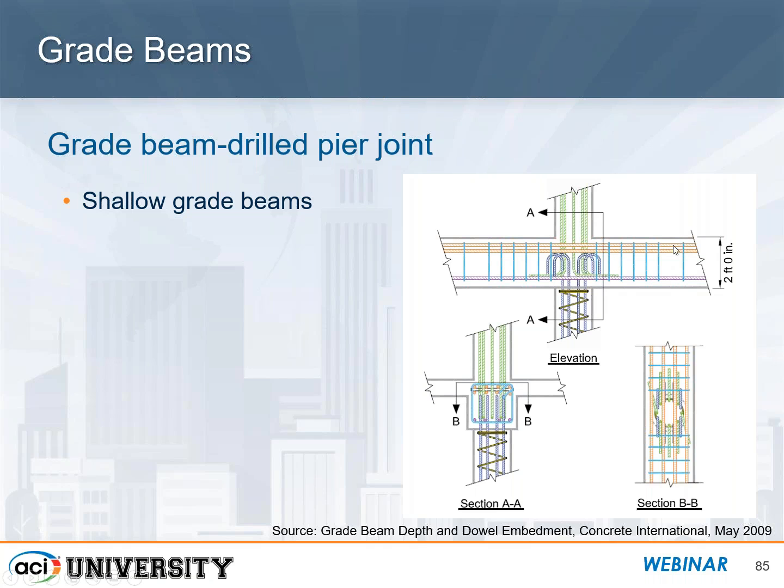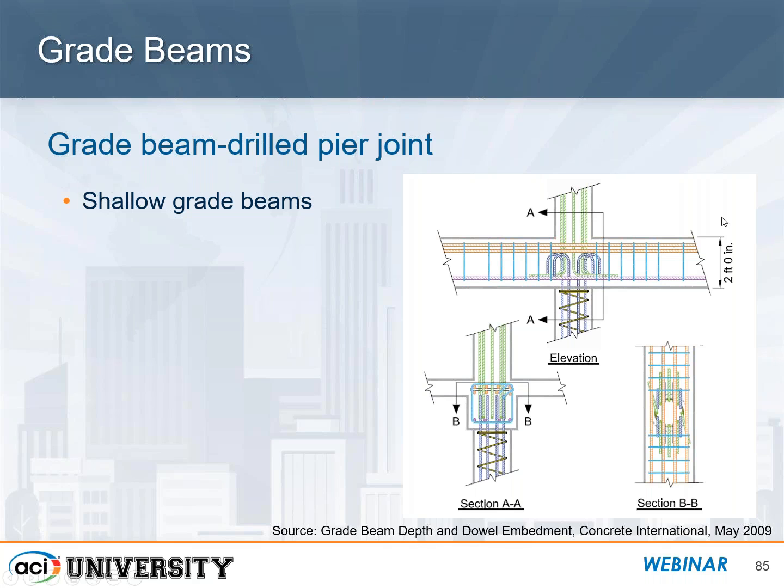So with this 2-foot deep grade beam, we know that the column or wall bars are going to have to be developed into that grade beam or pile cap. But if it's not deep enough, we may also have to hook the bars from the deep foundation into the grade beam or pile cap. And that could be an issue.